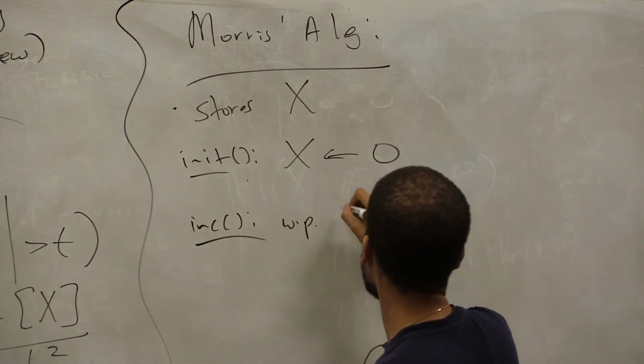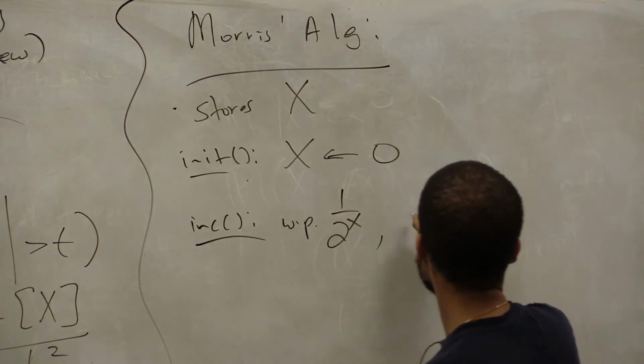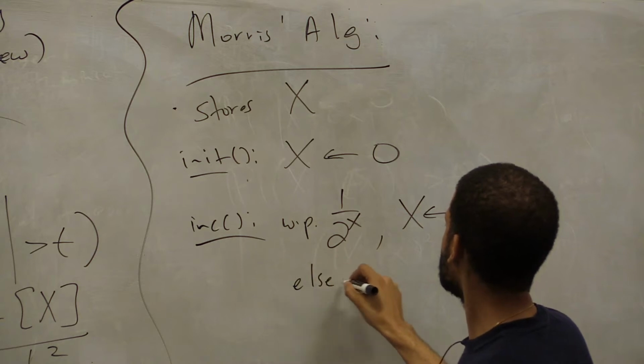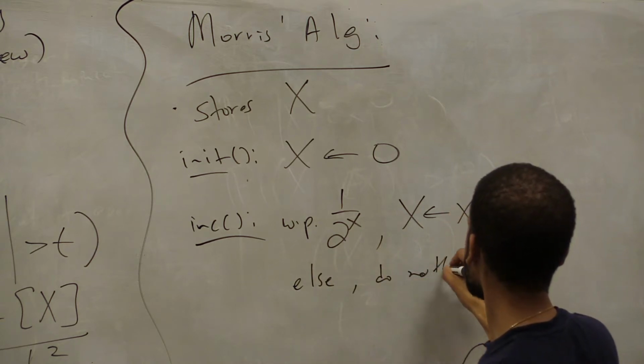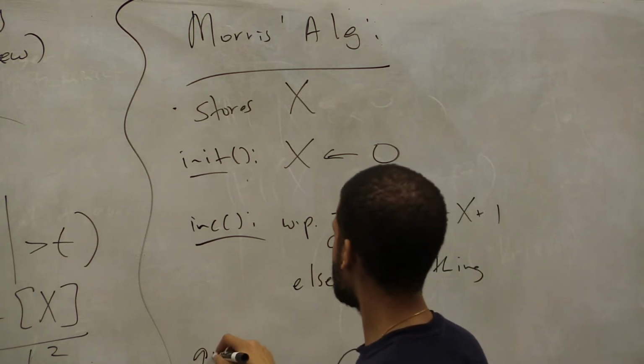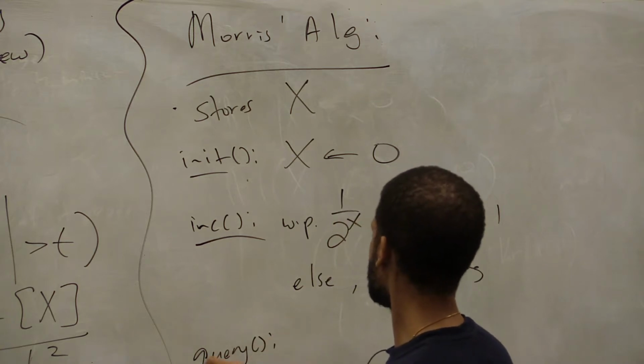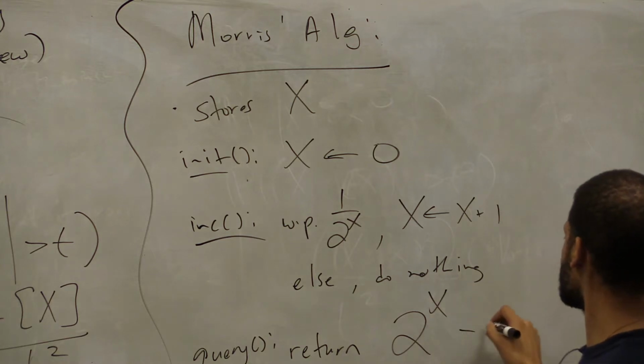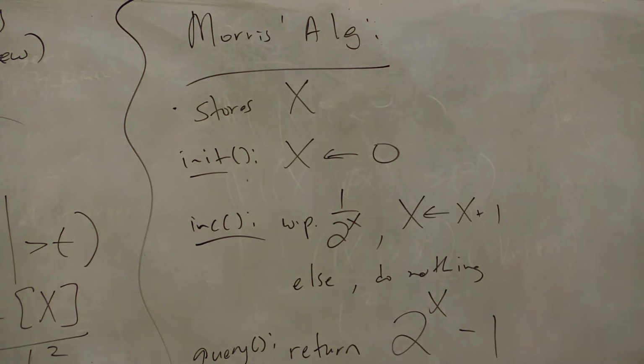With probability 1 over 2 to the x, x gets set to x plus 1. Otherwise, do nothing. Don't change x at all. And when I say query, I'm going to return 2 to the x minus 1. So this is Morris's algorithm.